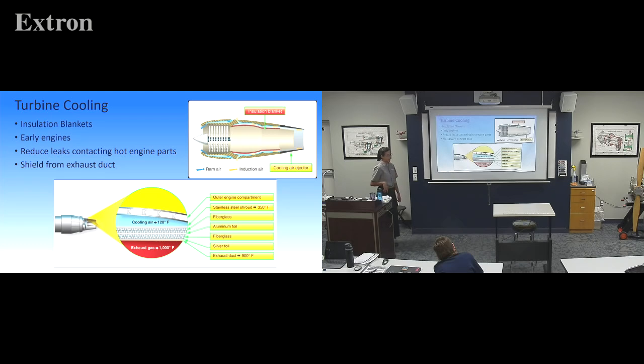One other thing we need to talk about is blankets. Some turbine engines use insulation blankets, not to keep it warm, but to keep it cool, mainly to protect the really hot parts, or to protect the non-hot parts from the really hot parts.